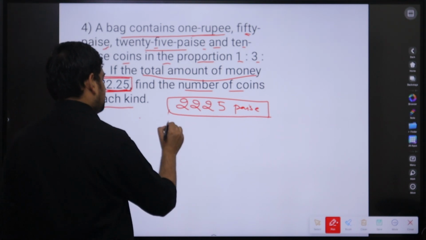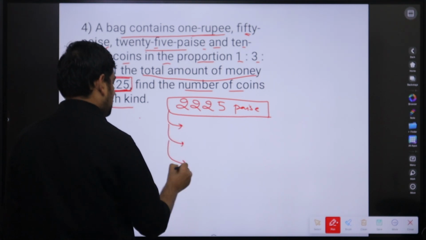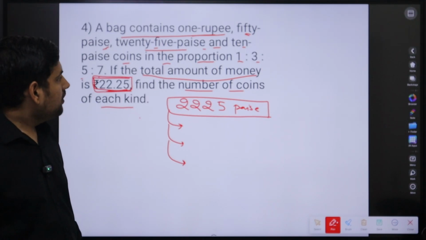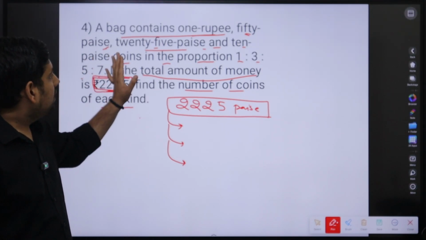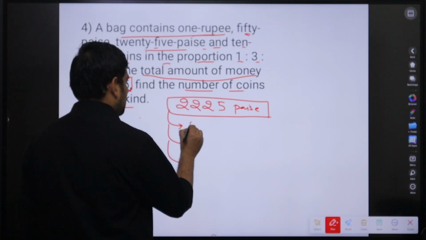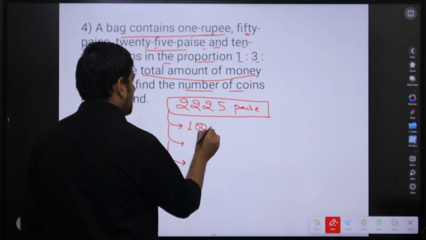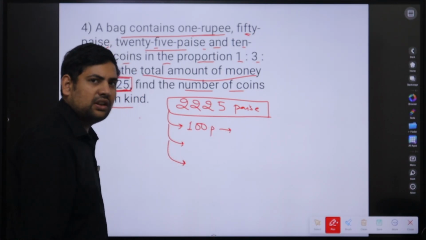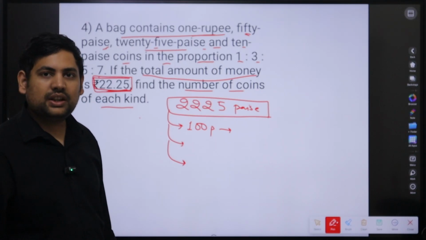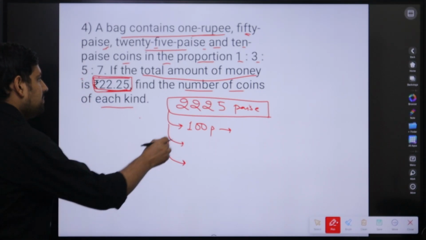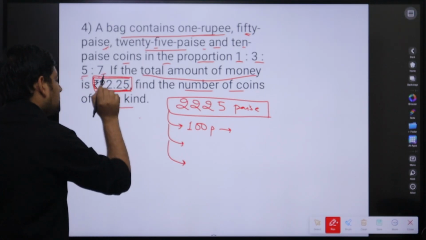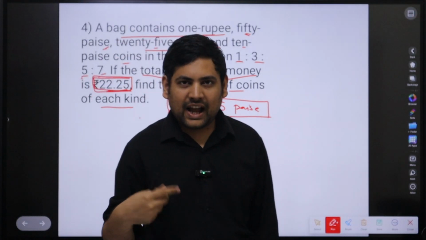Now let's go step by step. So it says what? First thing, 1 rupee. 1 rupee means what? 100 paise. How many 100 paise coins are there? It says they are in proportion 1:3:5:7. So what can I assume?